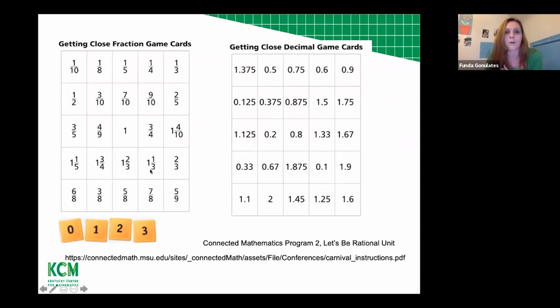Players use their guessing cards, 0, 1, 2, and 3, to say which number is closest to the sum. So imagine I have 1/4 and 1 1/3. Which number will be closest when I add these 2 numbers? Just think about it. I have 1/4 and 1 1/3. Which game card would you use as your estimate when you add these together?